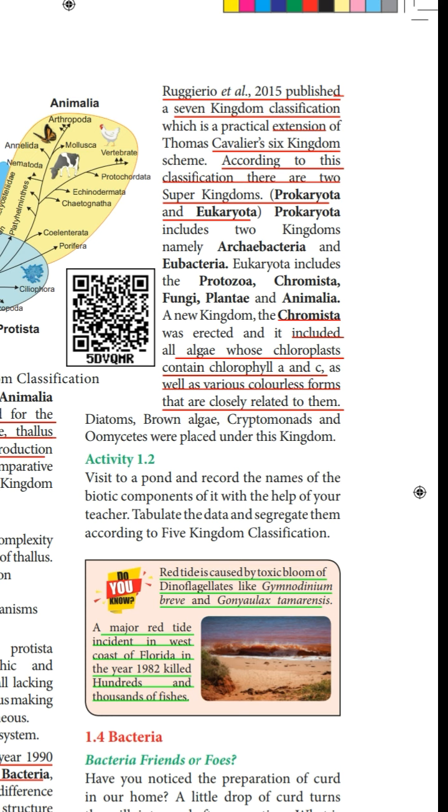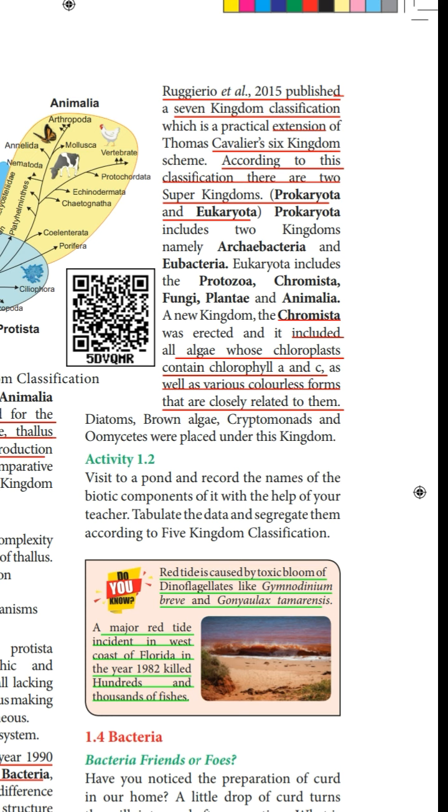Now what is this chromista? Chromista includes algae whose chloroplasts contain chlorophyll A and C. We have different types of photosynthetic pigments, and among them chlorophyll A is present in all the organisms. So those algae which had chlorophyll A and C were given a separate kingdom, named chromista, as well as various colorless forms closely related to them.